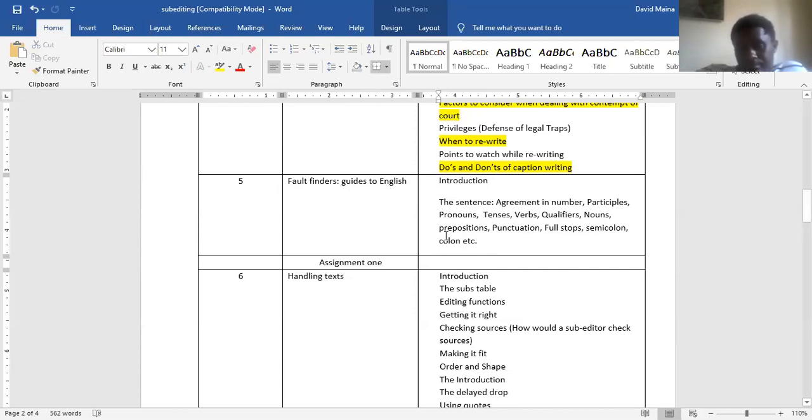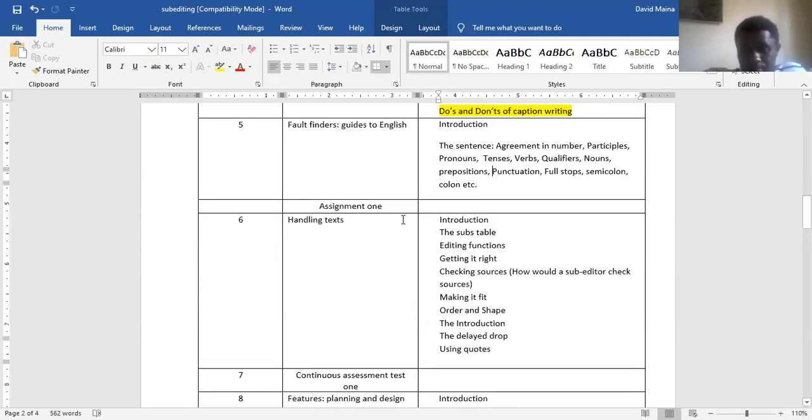Or putting a full stop where it is not required, or a semicolon where it is not supposed to be, or putting a semicolon and then starting the next sentence with a capital letter, which is very wrong. Or using a colon and the next thing that follows after the colon is a capital letter, which is very wrong. So we are going to look at those fault finders.